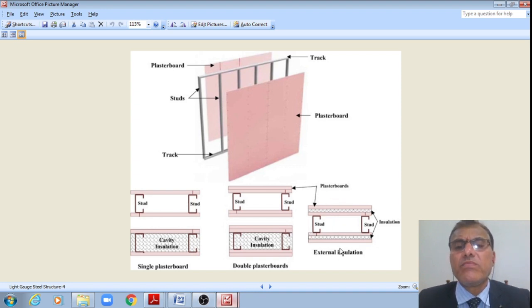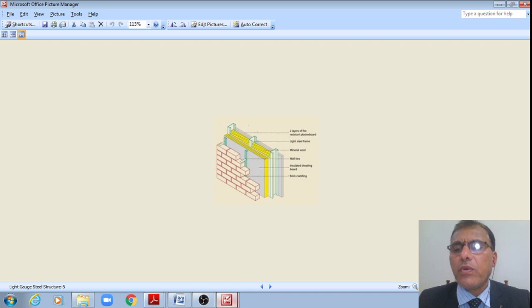Right, and here this is the external insulation. Even now I do have one plasterboard followed by external insulation done, and followed by the plasterboard from outside. That is how it can be done. Or alternatively, what we can do is like this.